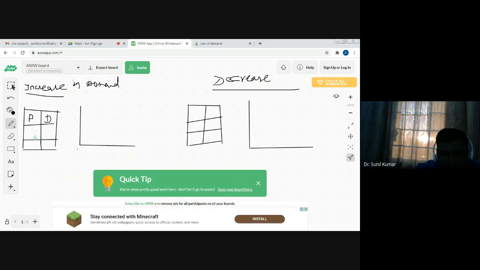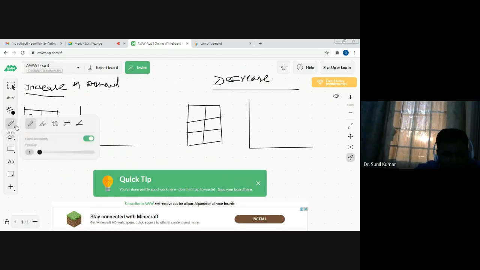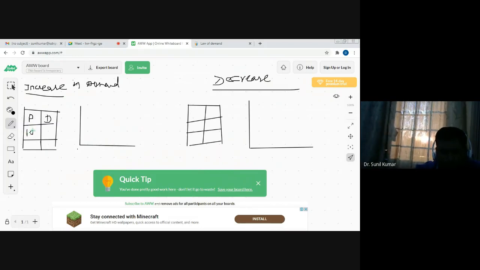What will happen at 10 rupees? 20 is demanded. Again at 10 rupees, 30 is demanded. Why does this happen? Because of the price. So take a single price, write down 10.